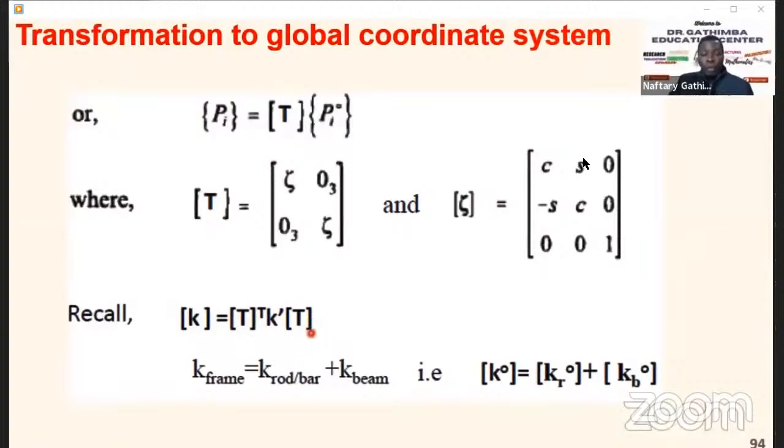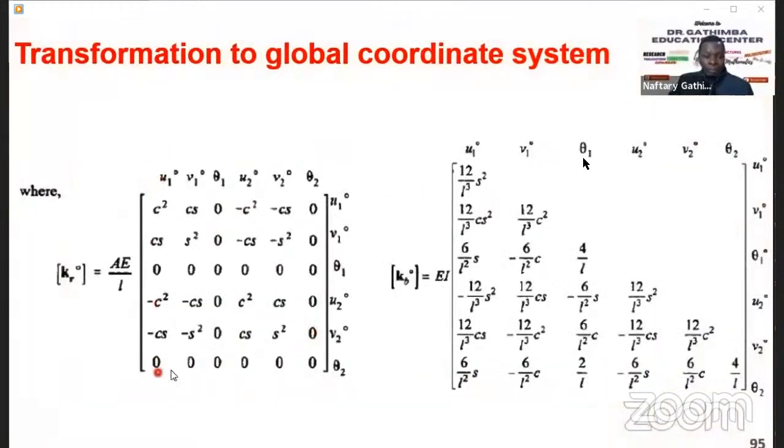Or you could do them separately, where you first include the theta. So of course, for the beam element, the U component again will be considered, and then you do the multiplication, T transpose times K prime times T, and you're going to obtain this, right?